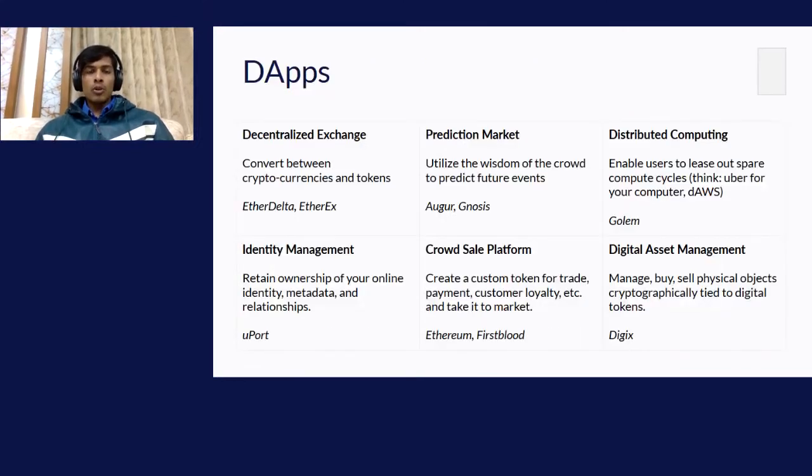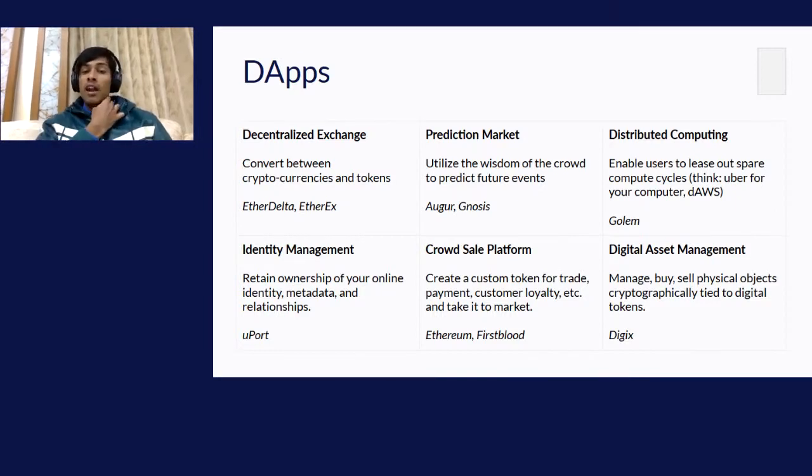Because it's possible to write a lot of code on the Ethereum blockchain, it opens the possibilities to write different kinds of applications, and the community calls them decentralized applications, or dApps, right? The kind of things that are being built on Ethereum, and that you can build as part of this hackathon, is like a decentralized exchange.